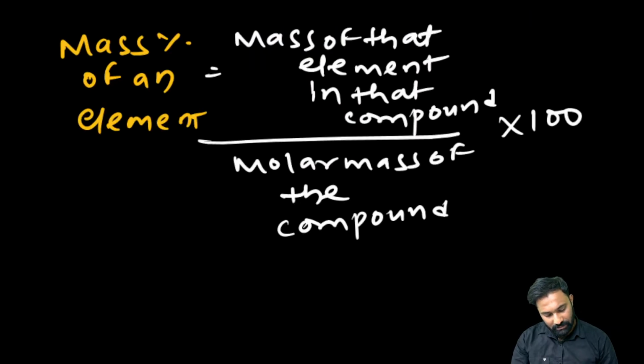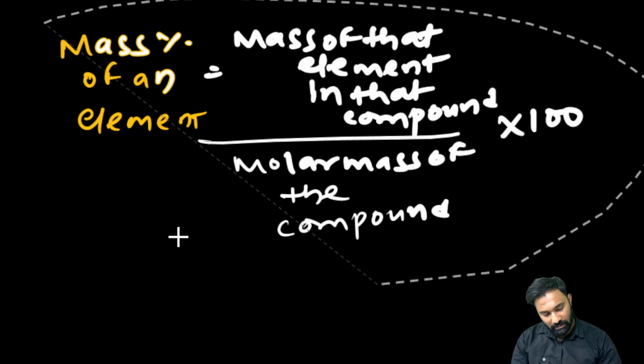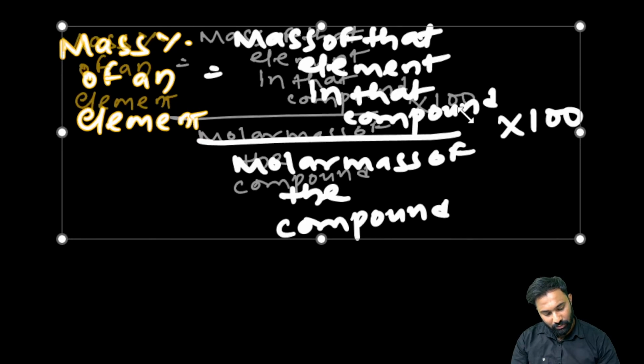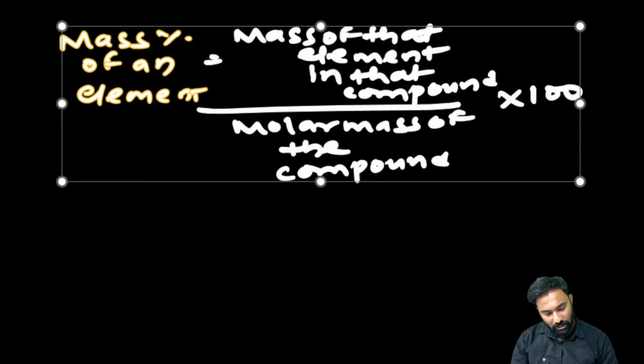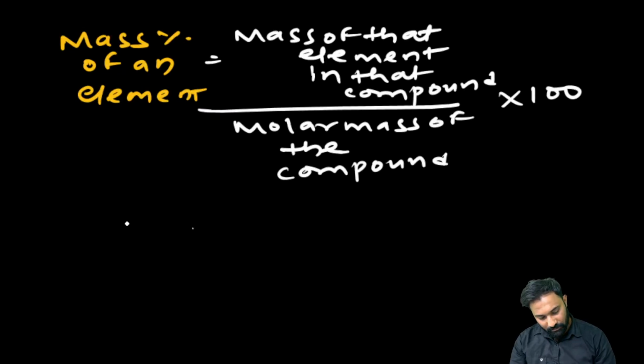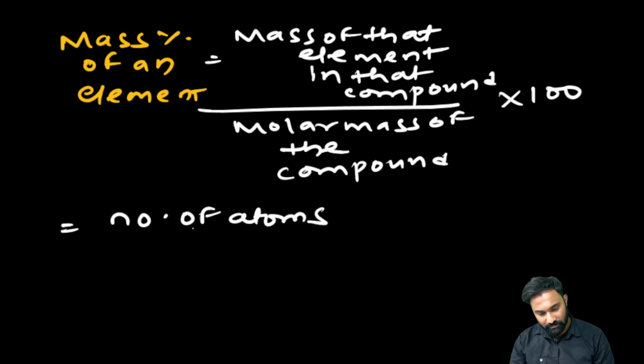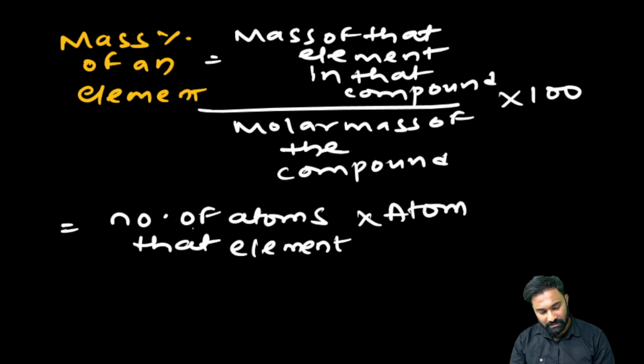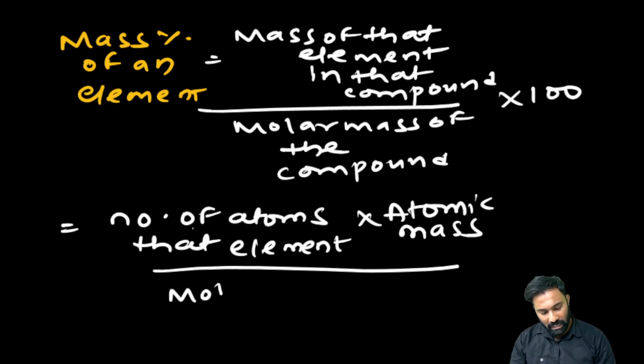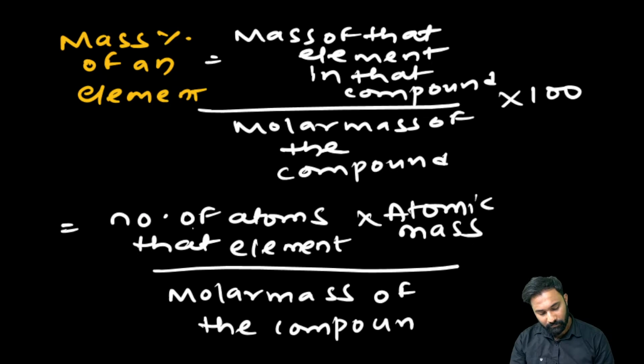Or else you can modify this formula in another manner also, if you are getting confused. This mass percentage will be equal to number of atoms of that element into its atomic mass, by molar mass of the compound, into 100.